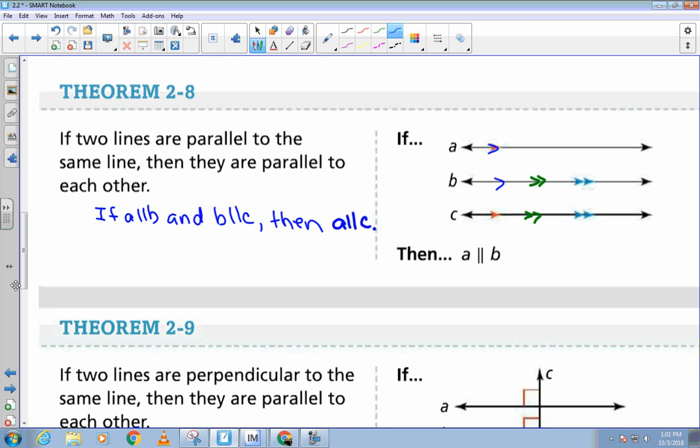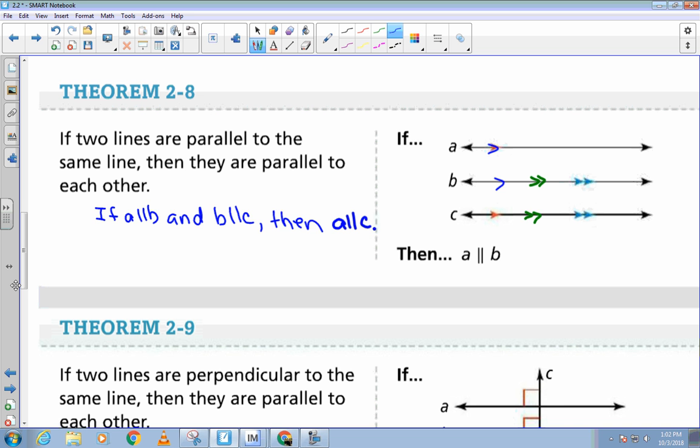But basically this is saying A parallel to B, B parallel to C, A parallel to C. And that, if two lines are parallel to the same line, then they are parallel to each other. Do you see the difference why it's not transitive? And I get that all the time in every class. But the idea is kind of like that, but it's not transitive.